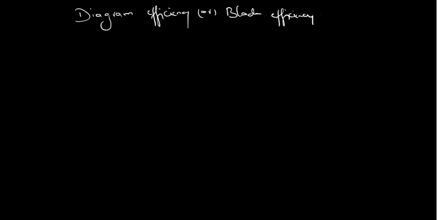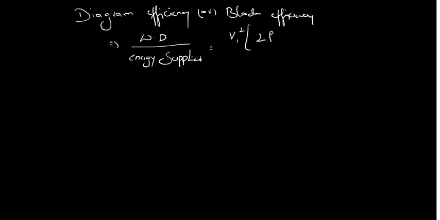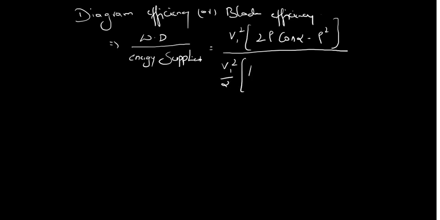Right? Now let's see how it is given. As in the previous relation for the impulse turbine, it is the ratio of work done to the energy supplied. That is the reason till now we have calculated the relation for energy supplied, right? It is nothing but V1 square into 2 rho cos alpha minus rho square, divided by V1 square by 2 multiplied by 1 minus rho square plus 2 rho cos alpha.